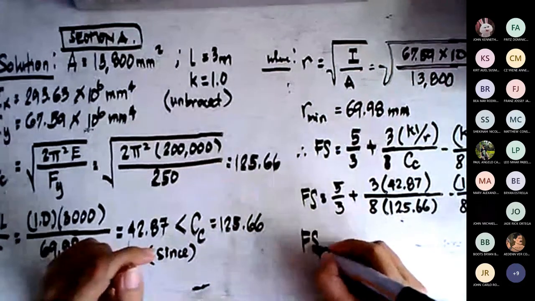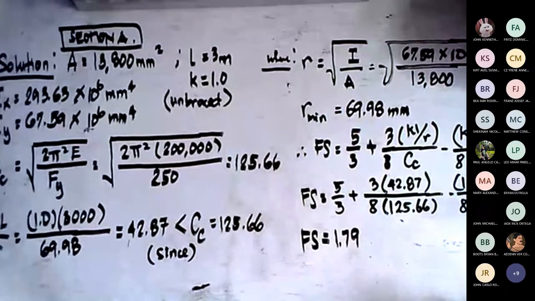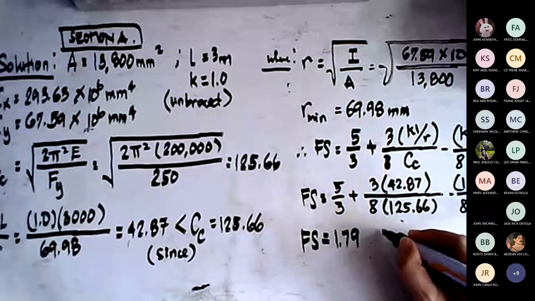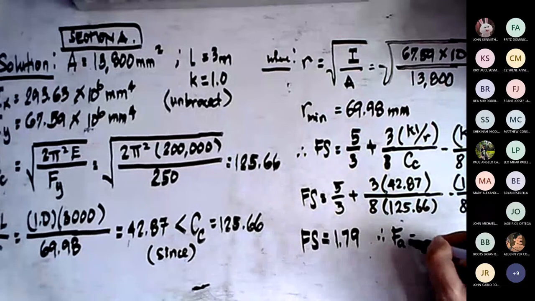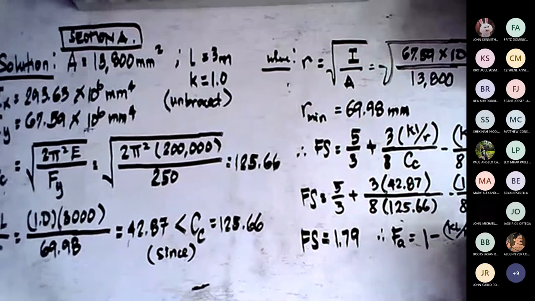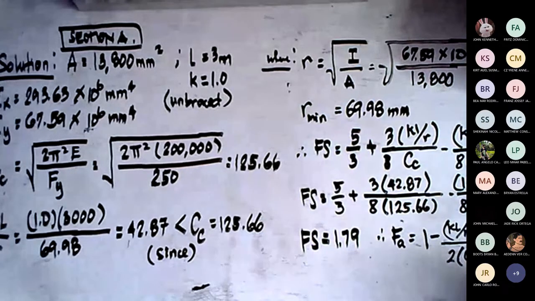So we will have the factor of safety is equals to 1.79. And we shall use this in the determination for the formula for Fa. Fa is equals to 1 minus KL over R squared divided by 2 times C sub C squared times Fy all over factor of safety.